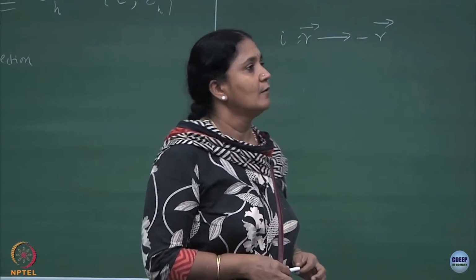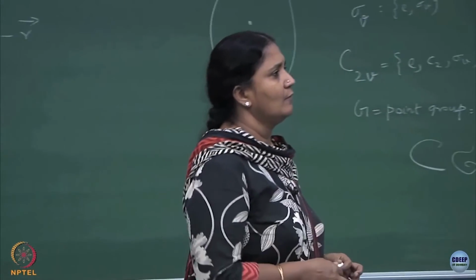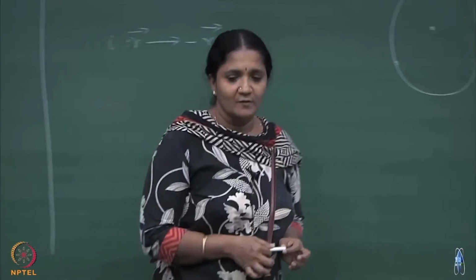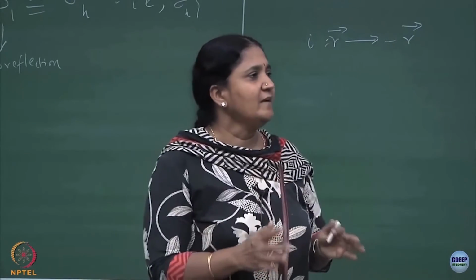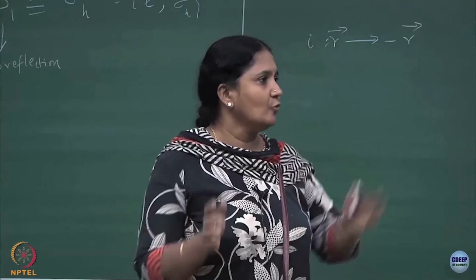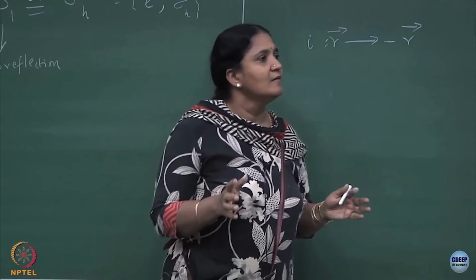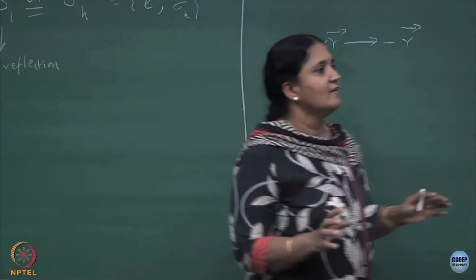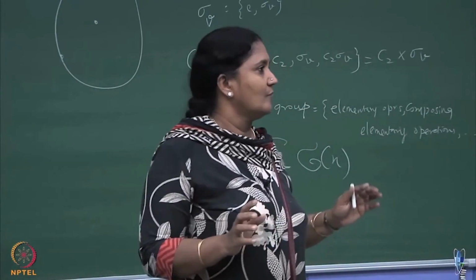For a given rotor reflection group, is it fair to say that it is isomorphic, that we can map it to some other rotation group? That is a good point. See, first of all, pure rotations are completely different from reflections. You know why, right? If you take a plane and do a rotation, the determinant of these matrices, when you write them, you can never make it negative, right.